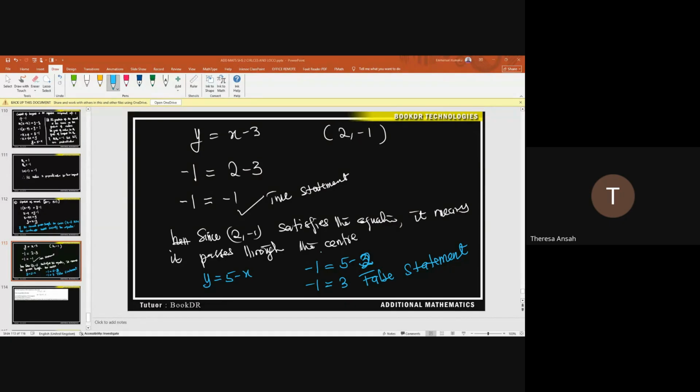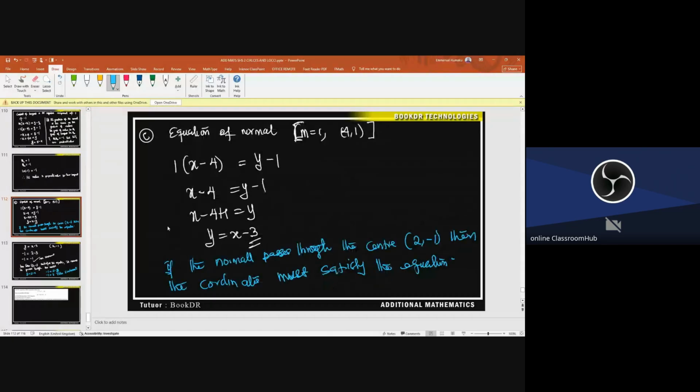Okay, the B part says that we should find the equation of the normal. After finding the equation of the normal, we should show that the normal passes through the center of the circle. So to find the equation of the normal, we need the gradient of the normal.